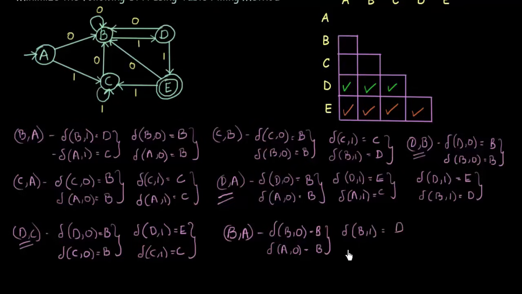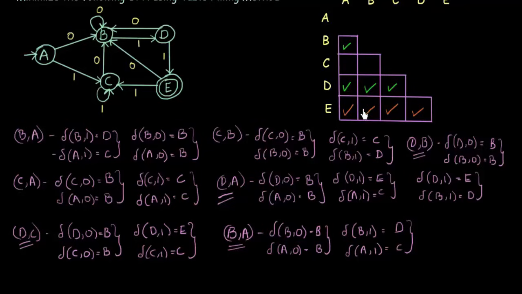It goes to D. And A on getting input 1, where does it go? It goes to C. Now check if DC is marked or not. DC, yes, DC is marked. Now since we found that DC is marked, I have to mark this BA as well. So let me mark this BA. Where is BA? This one. I mark it over here.